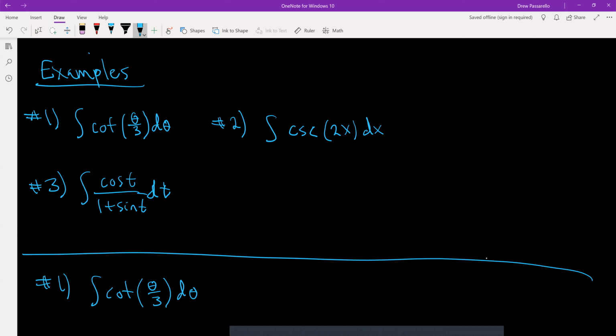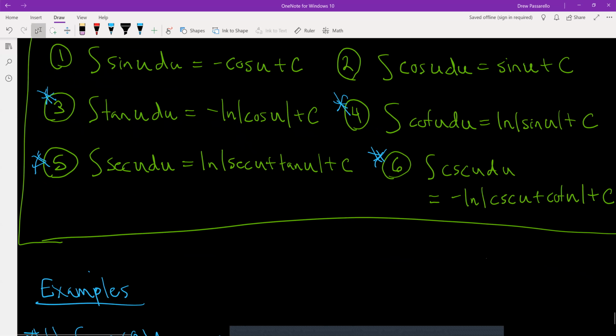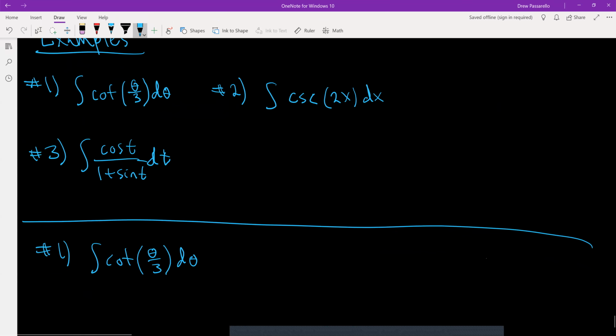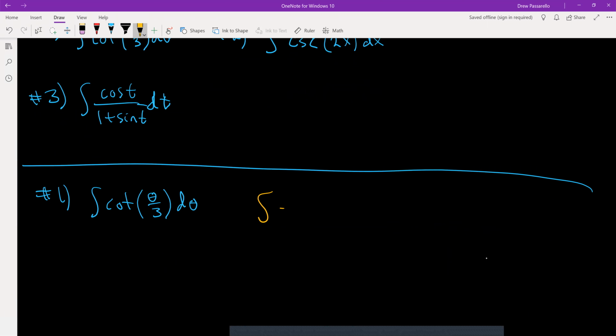if the integral involves cotangent, I'm going to use the integral that has cotangent, which turns into the natural log of the absolute value of sine. So the integral of cotangent u turns into ln of sine of u plus c.